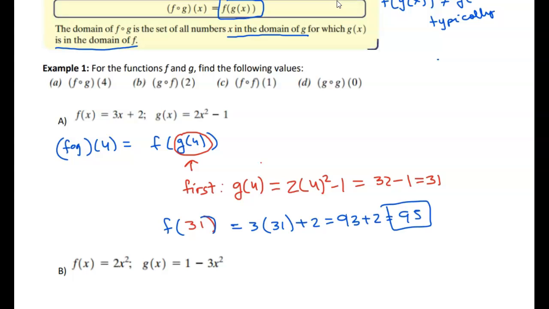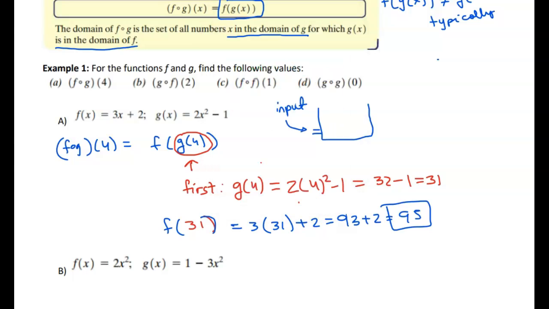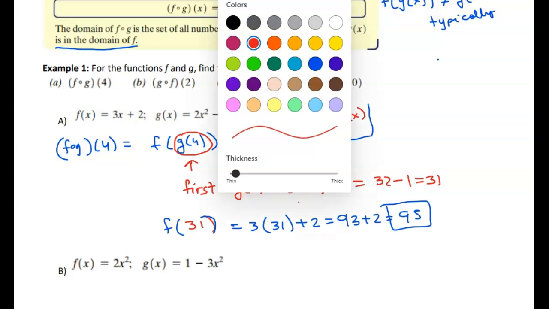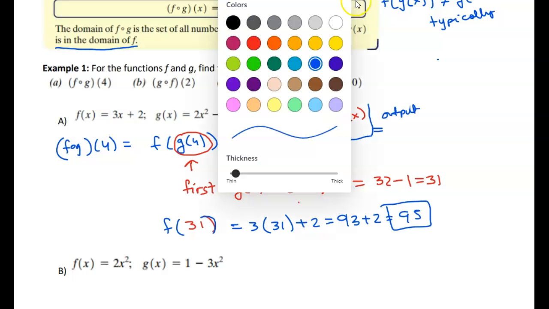You often see this pictured as a sequence of function machines. We have the input, which in this case was x equals 4. We plug that into the g equation and get an output of 31.